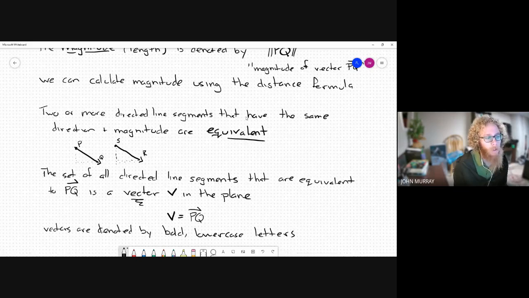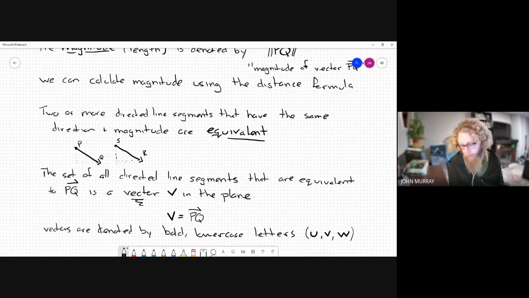Vectors are denoted by bold lowercase letters, the most common being u and v, and then if we need a third, we'll use w. Again, those are supposed to be bold letters.